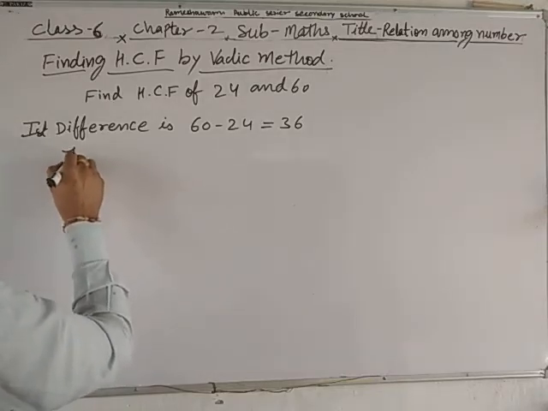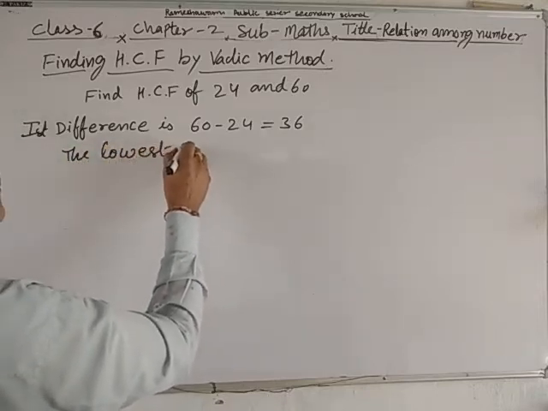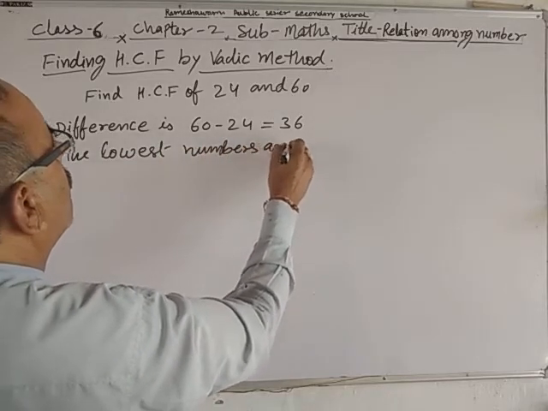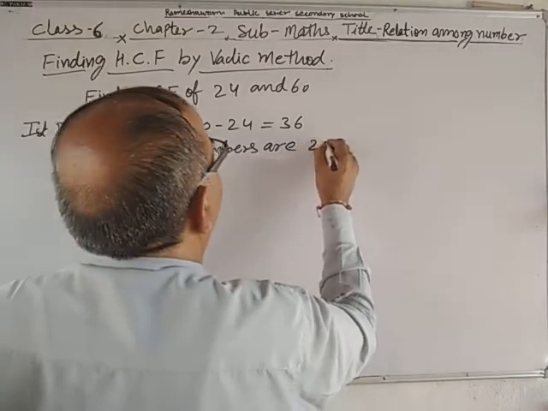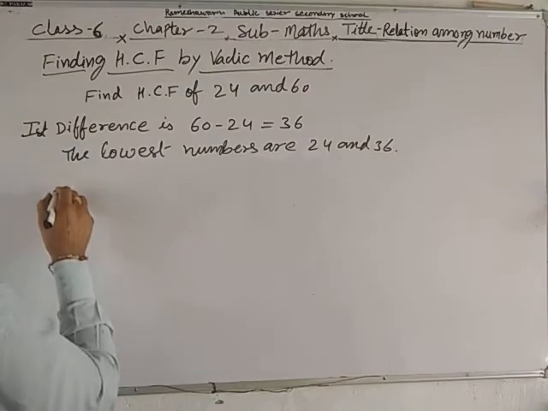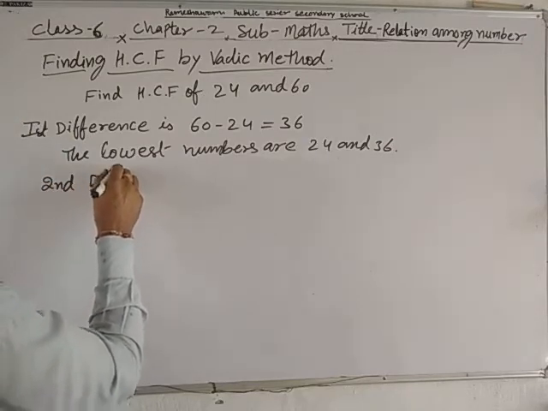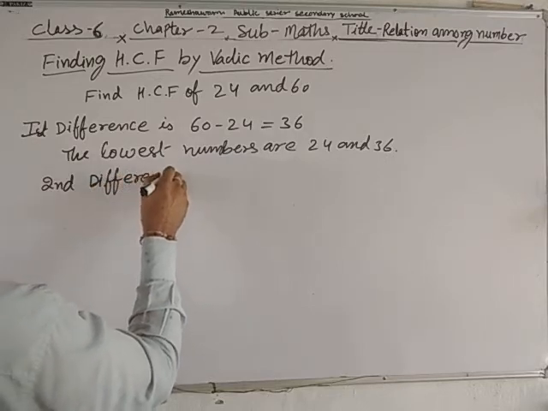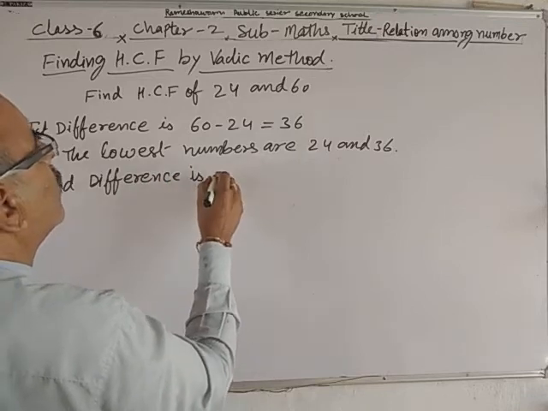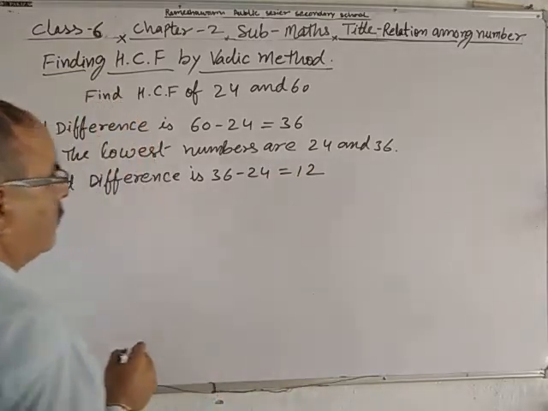The lowest numbers are 24 and 36. The second difference is 36 minus 24 equals 12.